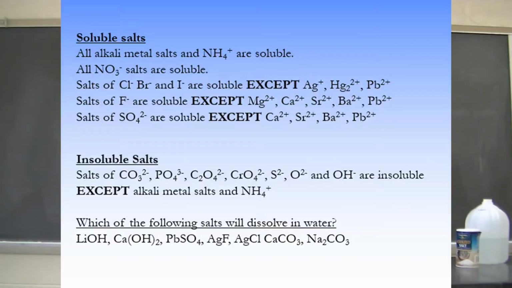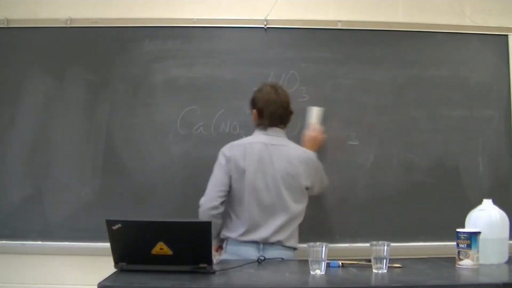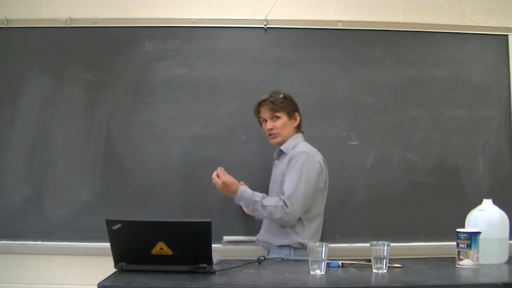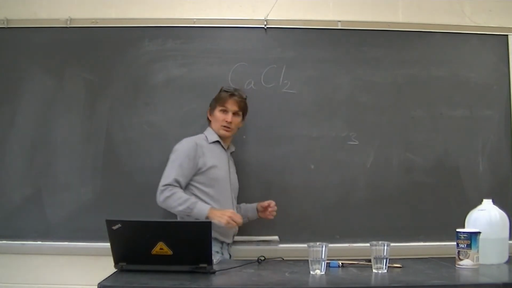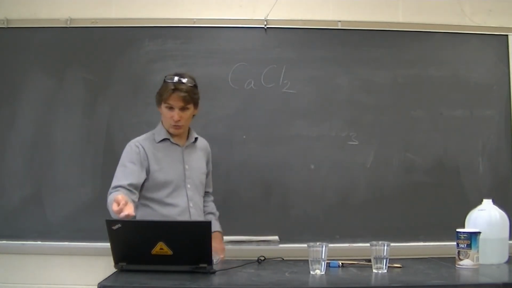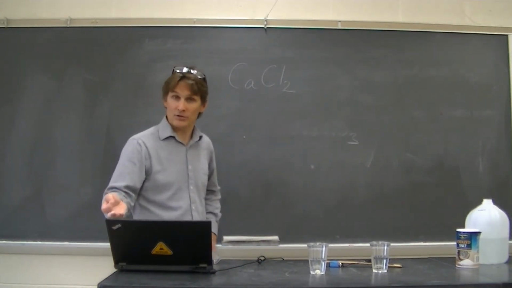Okay, let's go to the third rule. The third rule says that the halides chloride, bromide, and iodide are soluble, but there are some exceptions. So if I see, for example, calcium chloride, there's a good chance that it is going to dissolve because of this rule that chloride, bromide, and iodide salts are soluble.